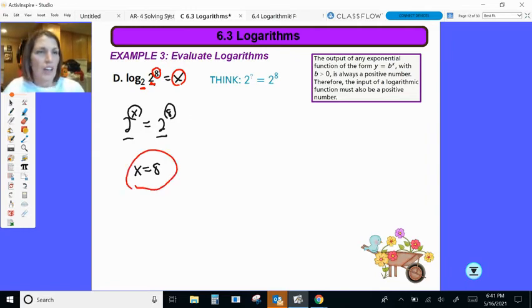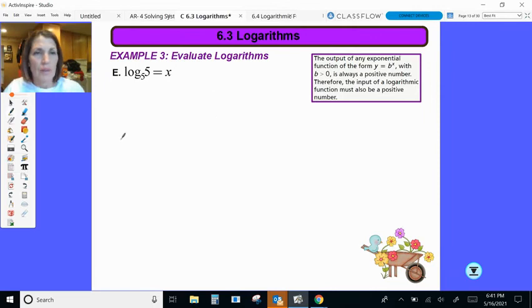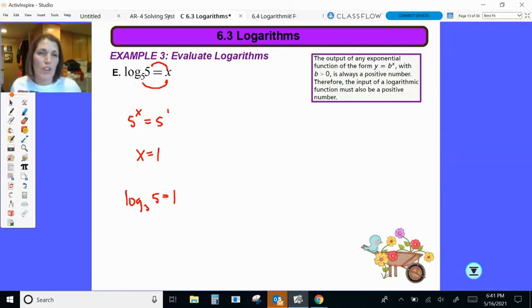How about this guy here? Log base 5 of 5 is what? Let's check that out. 5 to the x power equals 5. That's the first power, so x must be equal to 1. So log base 5 of 5 must be equal to 1. Anytime we have the same number as the base, the logarithm is 1, which makes sense because that's a power of 1.